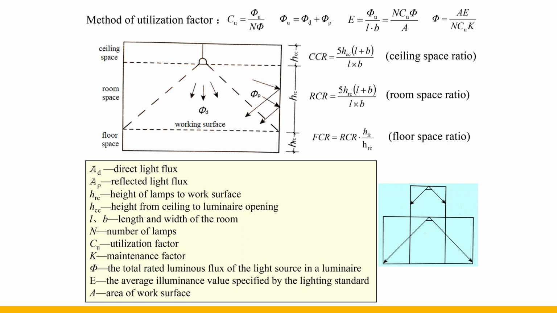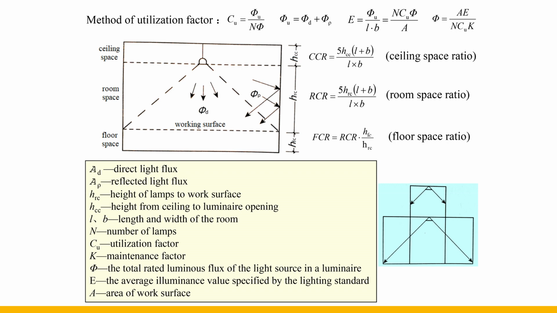Among them, the effective luminous flux is equal to the number of lamps multiplied by the utilization factor and the rated luminous flux of a single lamp. Considering the pollution and the light decay of lighting facilities during use, the maintenance coefficient K is introduced to increase the illuminance, and then the lighting calculation formula using the coefficient method is obtained.